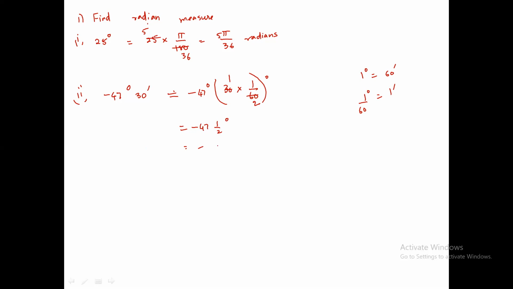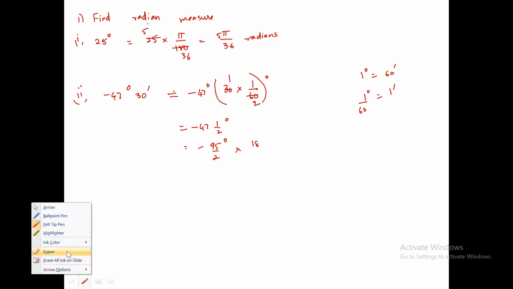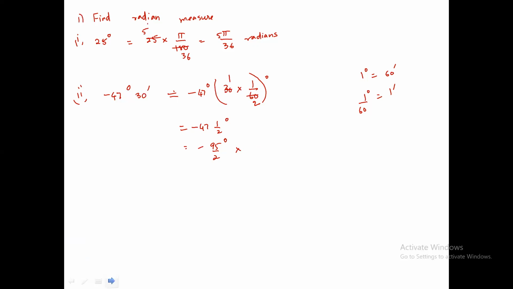Or I can write this as minus 95 by 2 degrees, 94 plus 1. But still I did not change it to radian measure. I have to multiply this by pi by 180 to change it to radian measure.